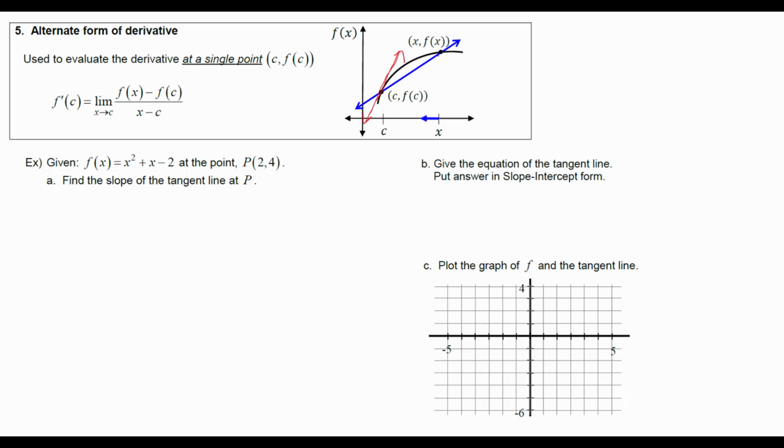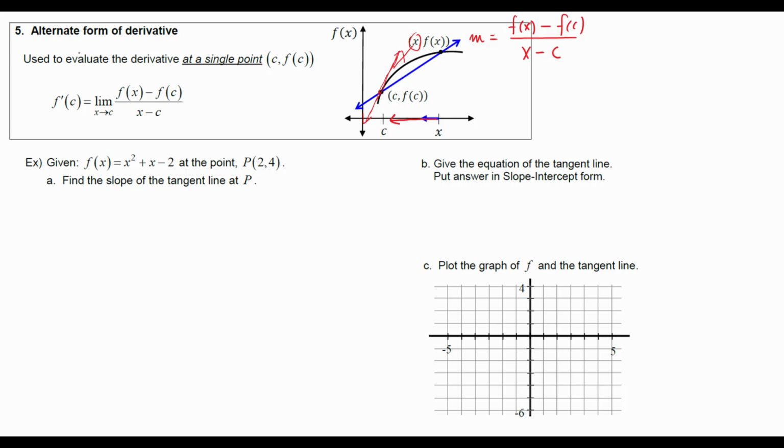The slope of this secant line right now is f of x minus f of c over x minus c, right? But I want the slope of a tangent line at the specific x equals c. So all you really have to do is send x to c, and it will give me the tangent line there.